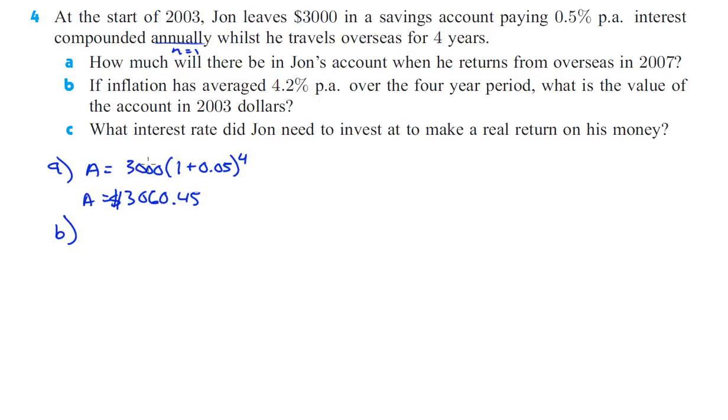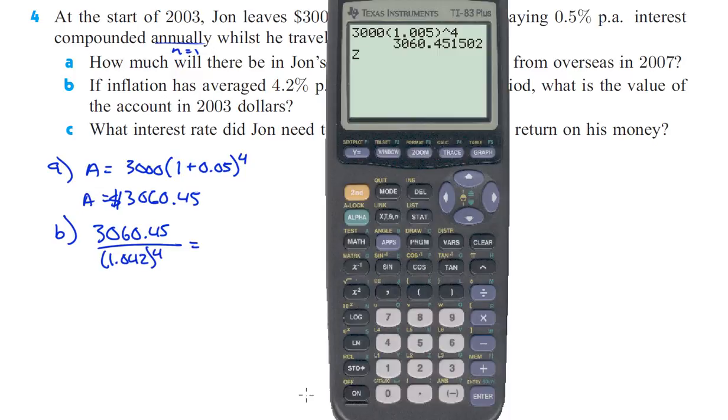Okay, so now for part B, if inflation was 4.2 over the 4-year period, what's the value of the account in $2003? So we have to take our 3060.45 and divide it by 1.042 to the 4th power to see what has happened because of inflation.